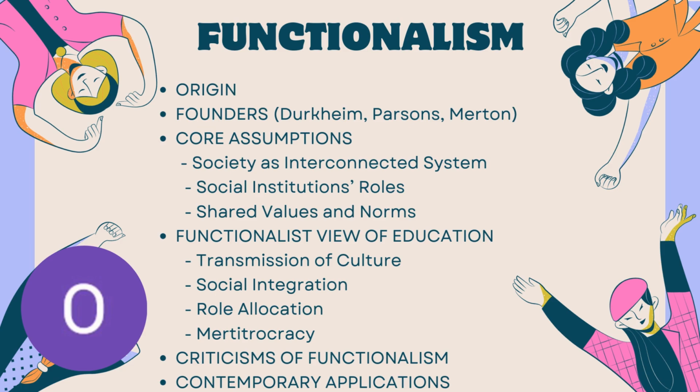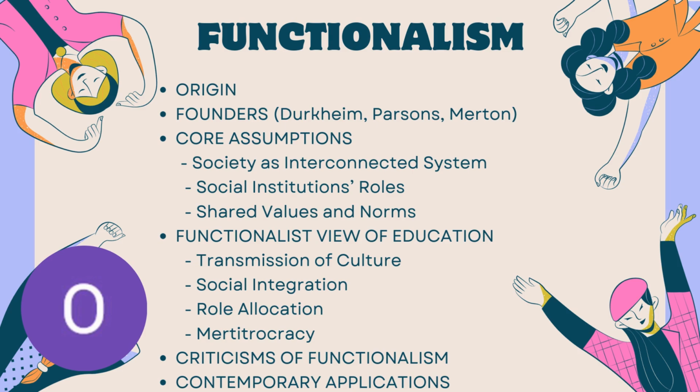Dysfunctions are the negative or undesirable consequences of a social practice or institution, while non-functions are social patterns that have no significant consequences for the larger system. He emphasized the importance of empirical research in identifying the various functions and dysfunctions of social phenomena rather than relying solely on theoretical assumptions.